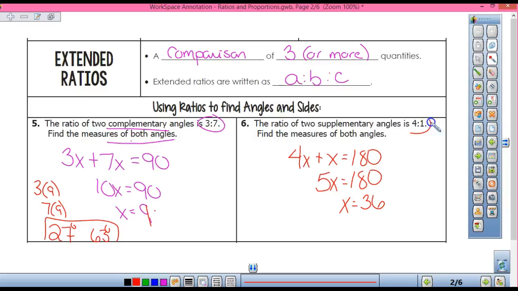And if I'm finding both, 4 times 36 gives me 144 degrees and 36 degrees. Yeah, you can put them just like that. Questions on how we got those? Some of us still look kind of confused.